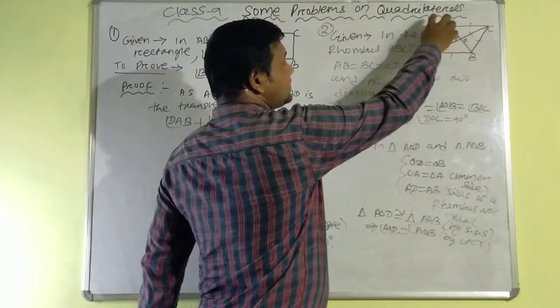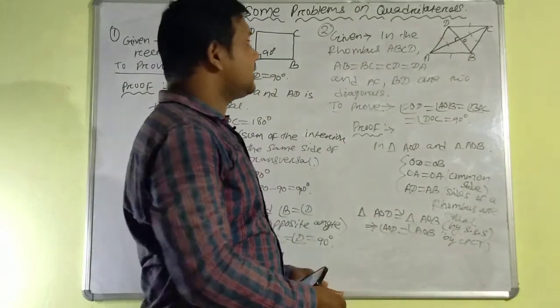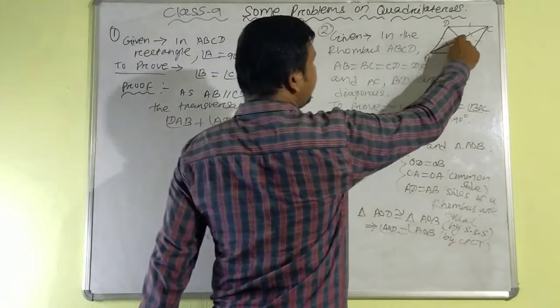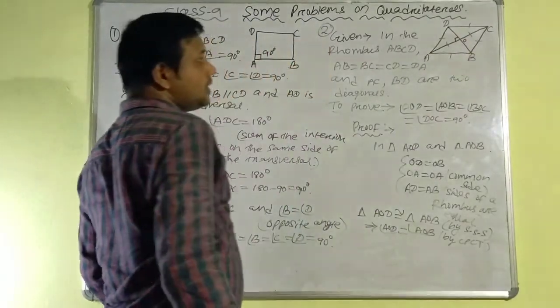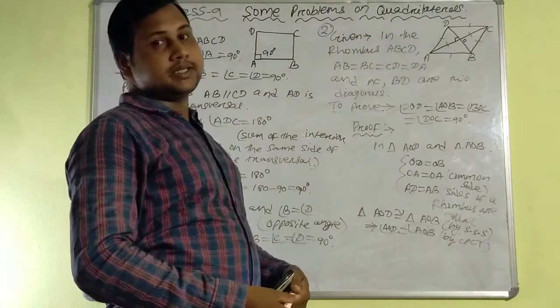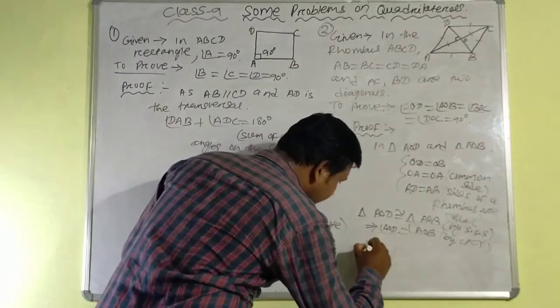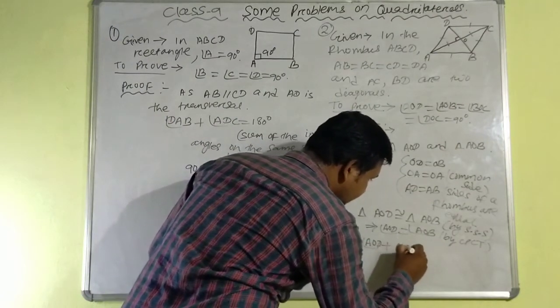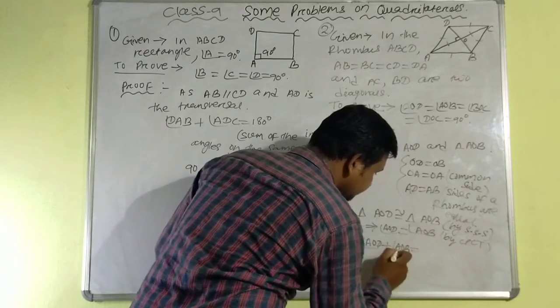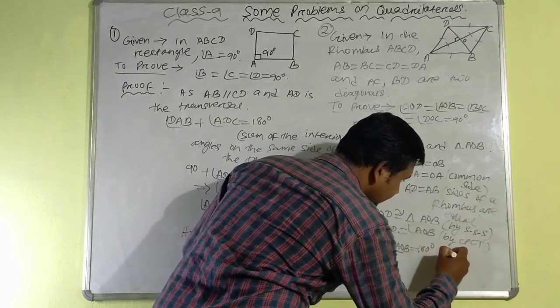BD is the line and OA stands over there. So we can say angle AOD plus angle AOB equal to 180 degrees because they are a linear pair.